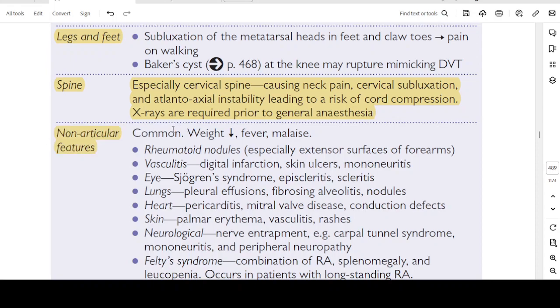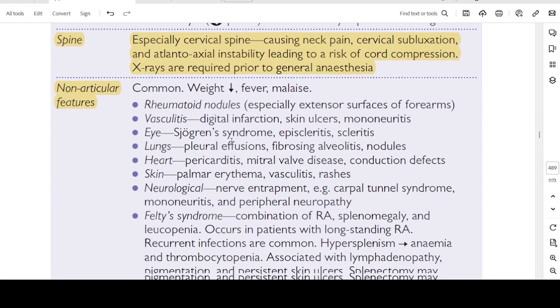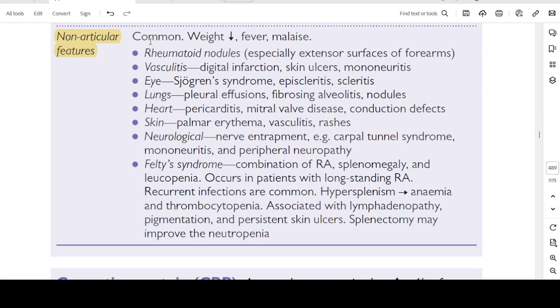Non-articular features. Common: weight loss, fever and malaise, rheumatoid nodules, especially on the extensor surfaces of the forearms, vasculitis, digital infarction, skin ulcers, mononeuritis. Eye problems like Sjogren's syndrome, episcleritis and scleritis. Lungs: pleural effusions, fibrosing alveolitis and nodules.